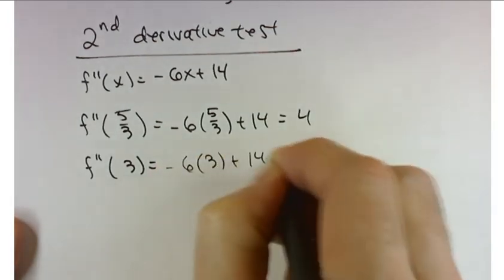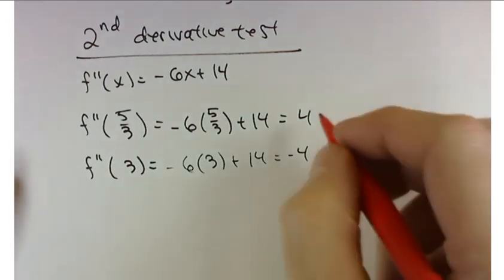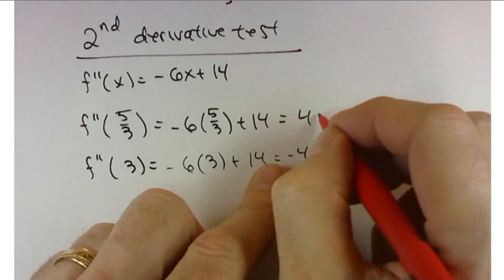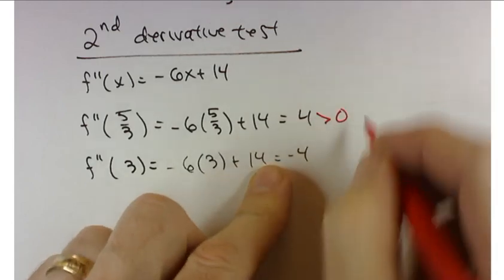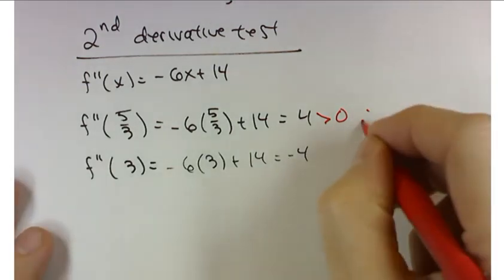The important thing to get out of this is that because this is greater than 0, it has a concave what shape? Up. It has a concave up shape. Now, if something's concave up, is your critical point going to be a minimum or a maximum? Minimum. So this little triangle of dots here means therefore x equals 5/3 is a minimum.